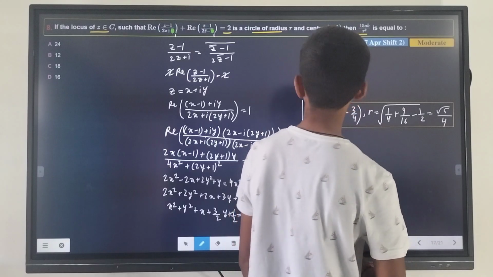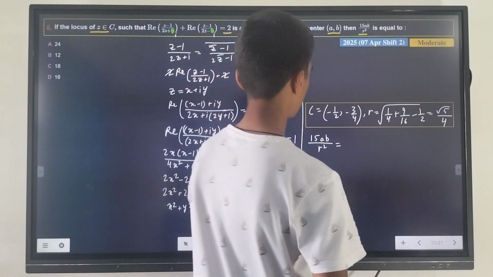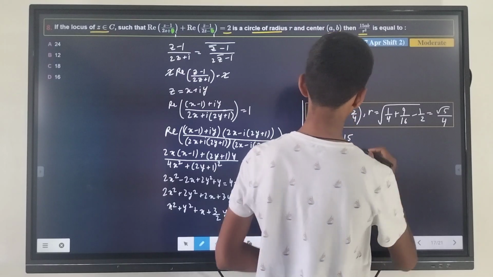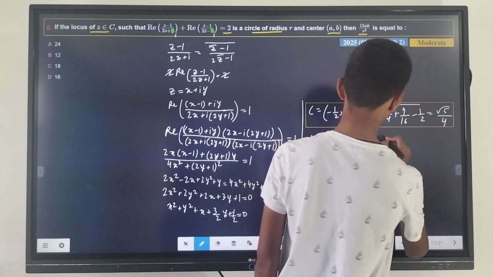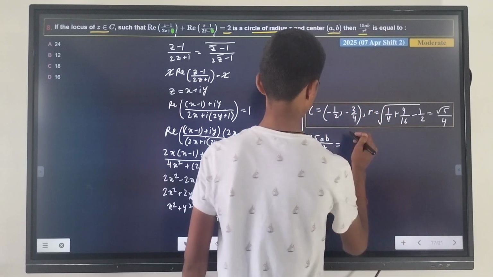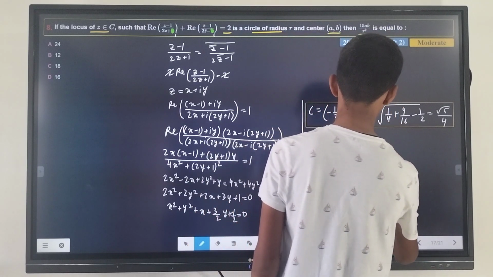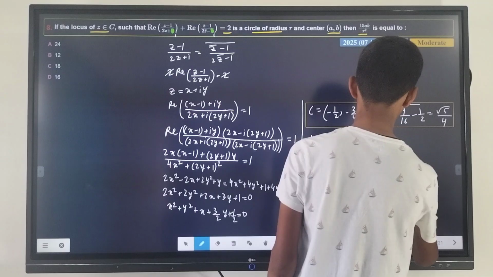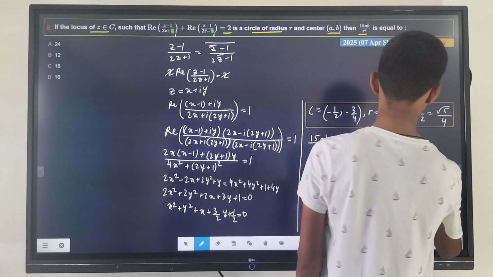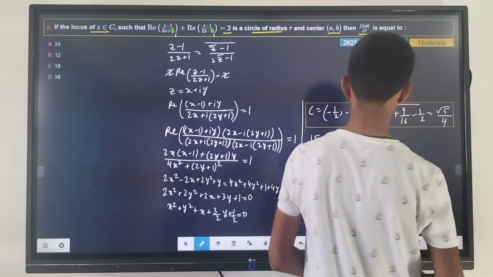This is equal to 15. Minus minus will get cancelled. 15 into 1 upon 2 into 3 upon 4, 5 upon 16, so into 16 upon 5.